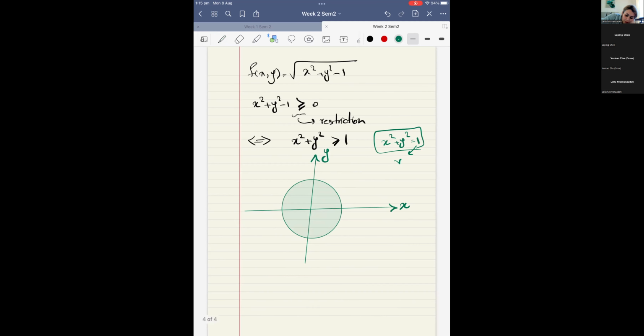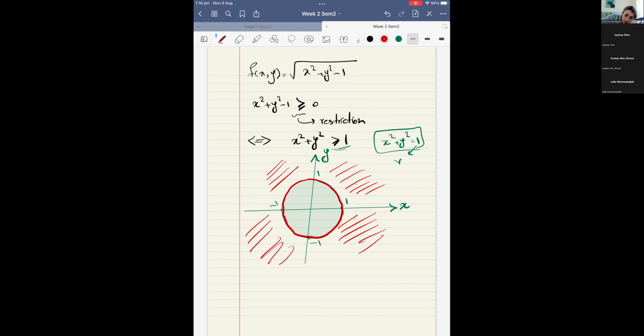Okay. Now x is 1 here, 1 here, minus 1 here, minus 1 here. You want it more than 1. It means that this line, because you have an equal and more than 1, your domain is all this part.